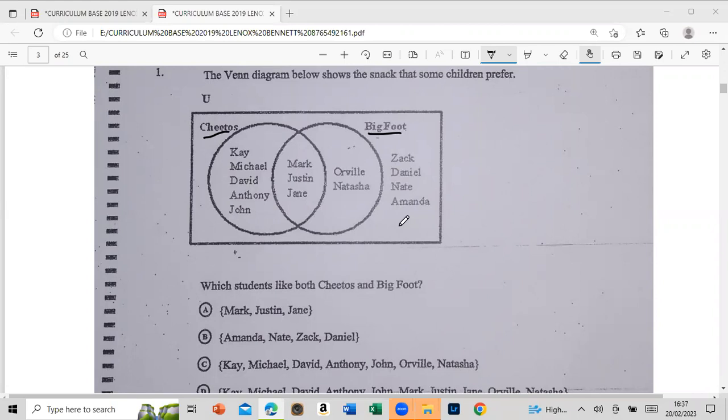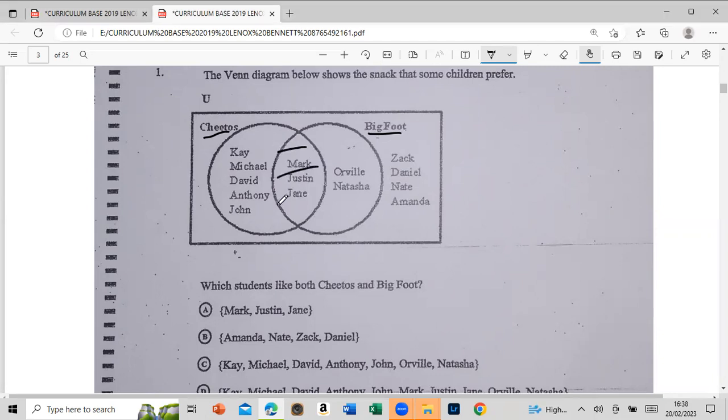Alright, so it says which students like both Cheetos and Bigfoot. So this is Bigfoot and this is Cheetos. These persons are Natasha, they like Bigfoot only. For Cheetos only, it would be Kay, Michael, David, Anthony, and John. So for those who like both Bigfoot and Cheetos, notice it's the intersection right here.